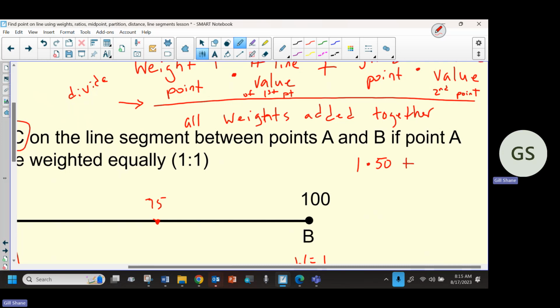So plus, what do I write now? Yeah, it's 1 again, right? The weight of the second point is also 1. What do I write now? Times, well, not times 10, 100, right? Times 100. This, by the way, is why I do it the way I do it. In the book, you're going to see a more complex formula where it has W1, something, something, W2, like all this stuff.